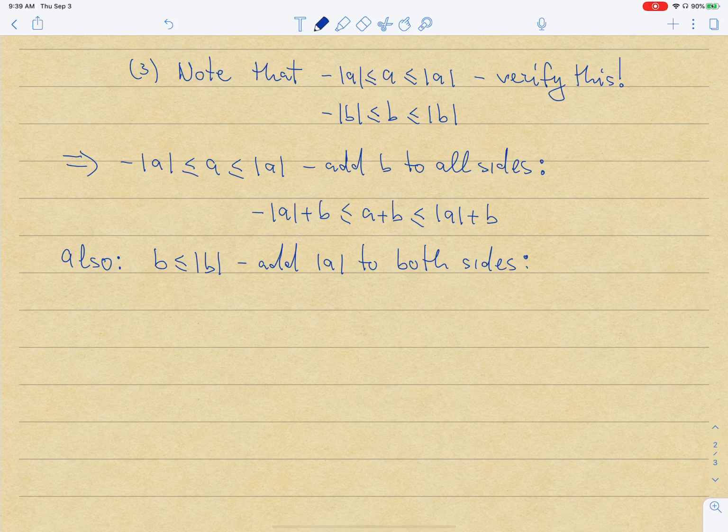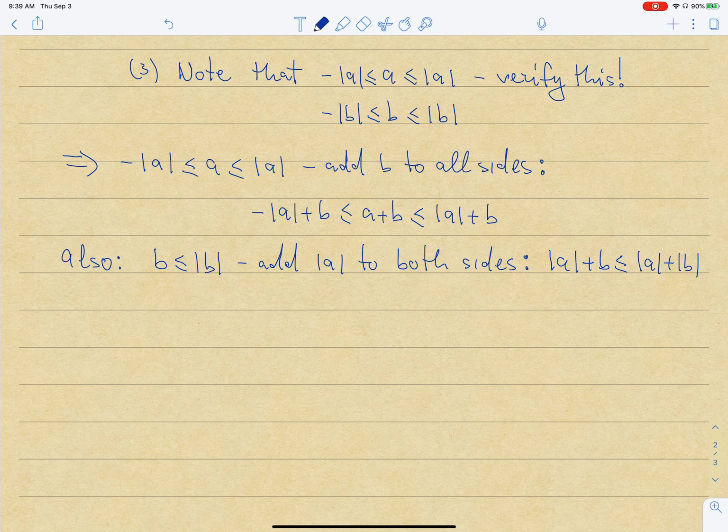Then what this will give me is that B plus absolute value of A must be less or equal than absolute value of A. Actually, let's write this in a different order. Absolute value of A plus B should be less or equal than absolute value of A plus absolute value of B. So I'm using O3, and I'm also using the commutativity of addition that I can interchange two items in the addition.